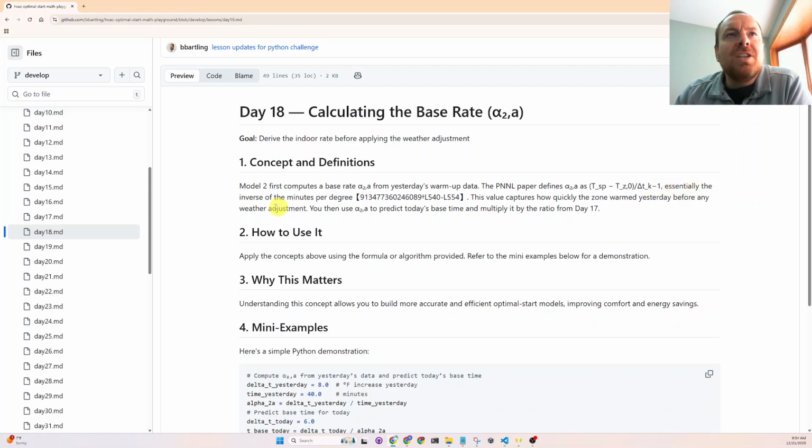It's essentially the inverse of the degree per minute, so the inverse of what we did for Model 0. This value captures how quickly the zone warmed yesterday before any weather adjustment. Then you can use the alpha 2 parameter to predict today's base time and multiply it by the ratio from day 17.